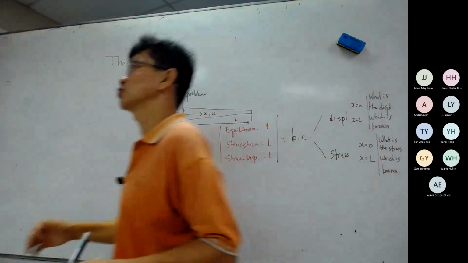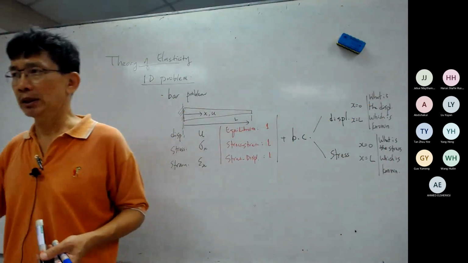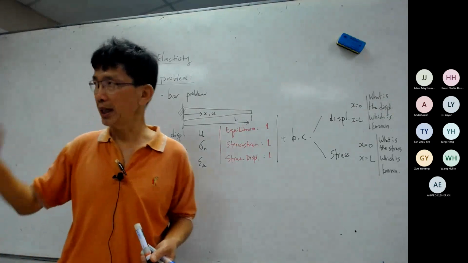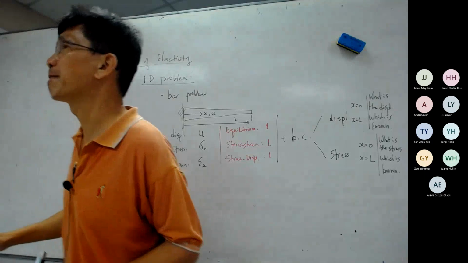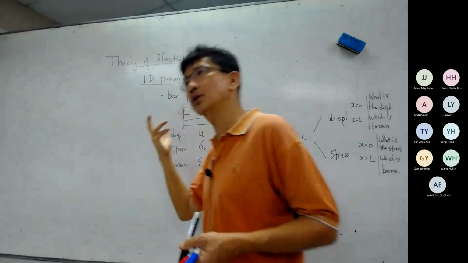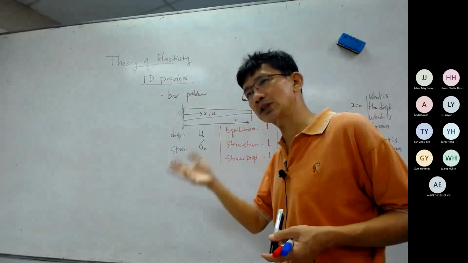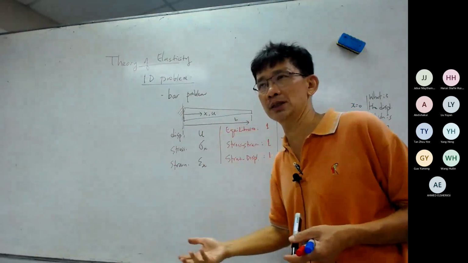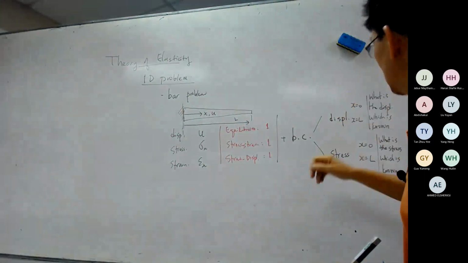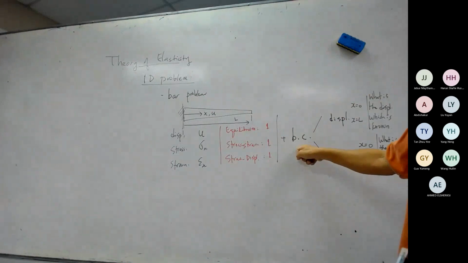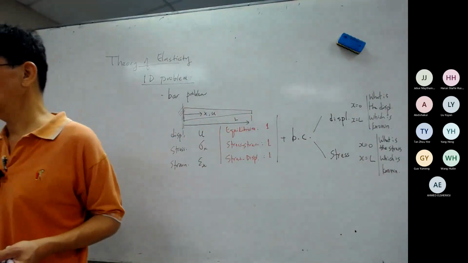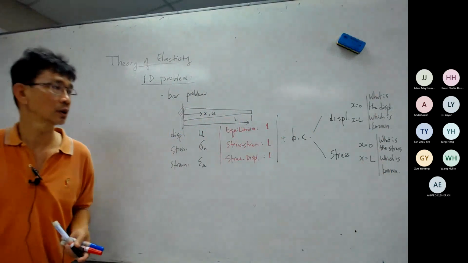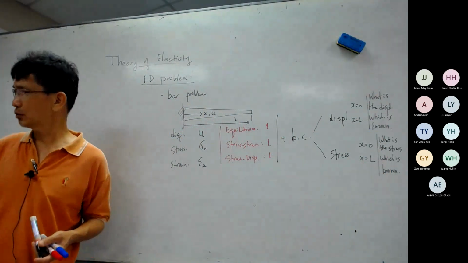So we have to know what happens at the end there: do we know the displacement, or don't we know the displacement, or do we know the stress there, or don't we know the stress there. That is what we need to take note of, the boundary conditions. Some of you made mistakes in the boundary conditions in the test that I gave you, so you have to look back.